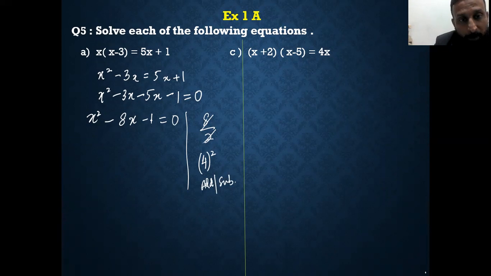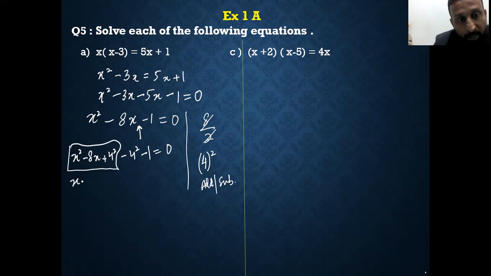Right? So let's do it. I'm going to add and subtract over here. Can you see my arrow? Right over here. So let's do it. x squared negative 8x. Then I'm going to add plus 4 squared minus 4 squared minus 1 equals 0. Now this will make a perfect square over here.